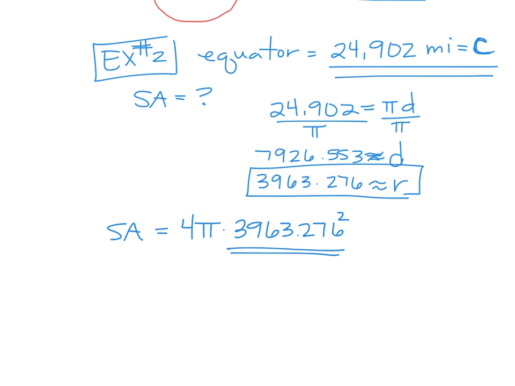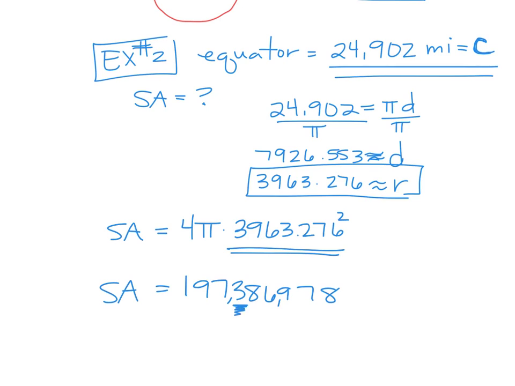4 times pi times 3,963.276 squared. And we're going to round here to the nearest, what did we say, 100,000. Okay, so the number I got is 197386978. If I round to the nearest 100,000, that would be right here.